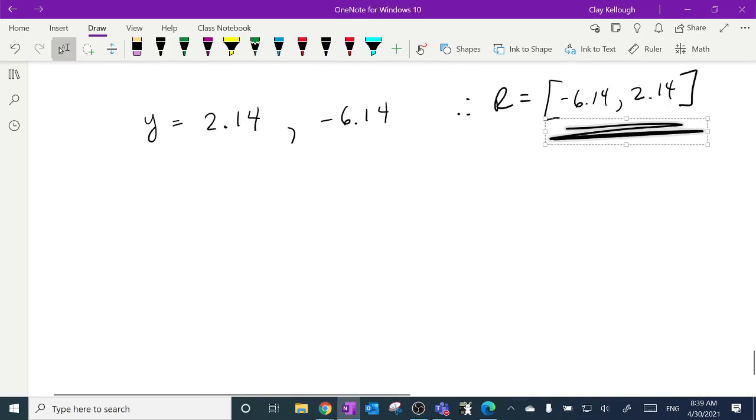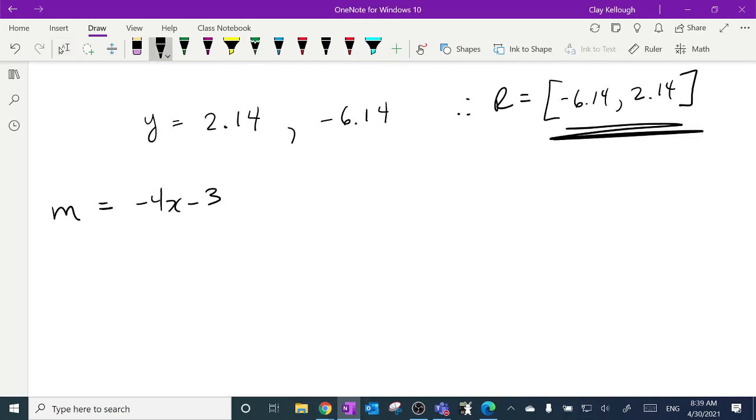So now if I'm finding domain, go back to that slope. What was that slope again? It was negative 4x minus 3 over 2y plus 4. And okay, how do I find an undefined slope? Exactly.